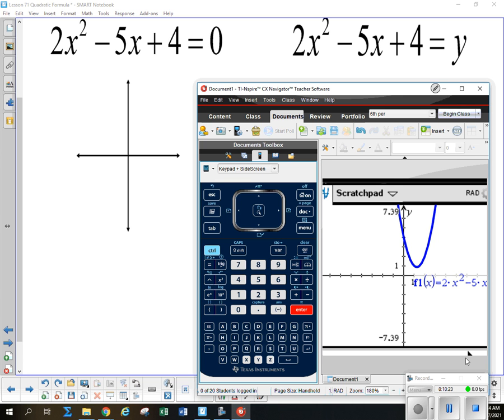Notice that does not have any x-intercepts. It does not cross the x-axis. So our graph, if I copy that over here, is going to look something like this. And it has no x-intercepts.